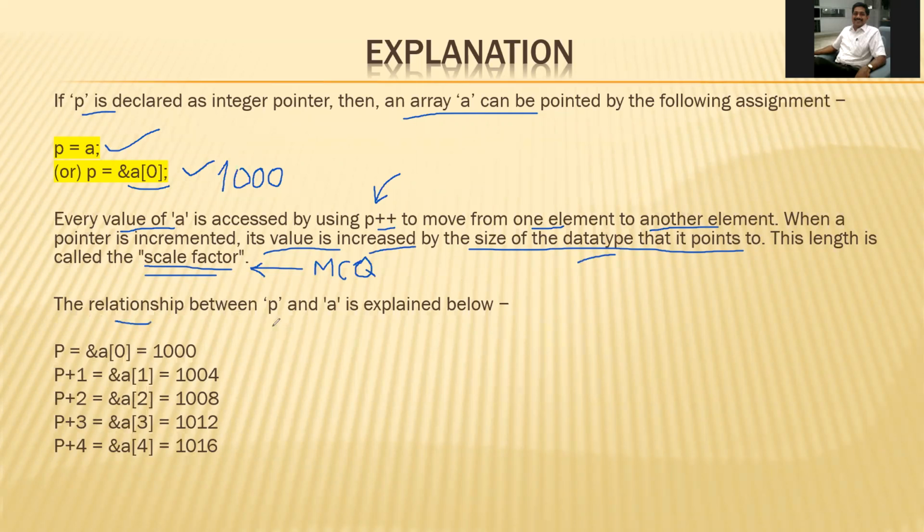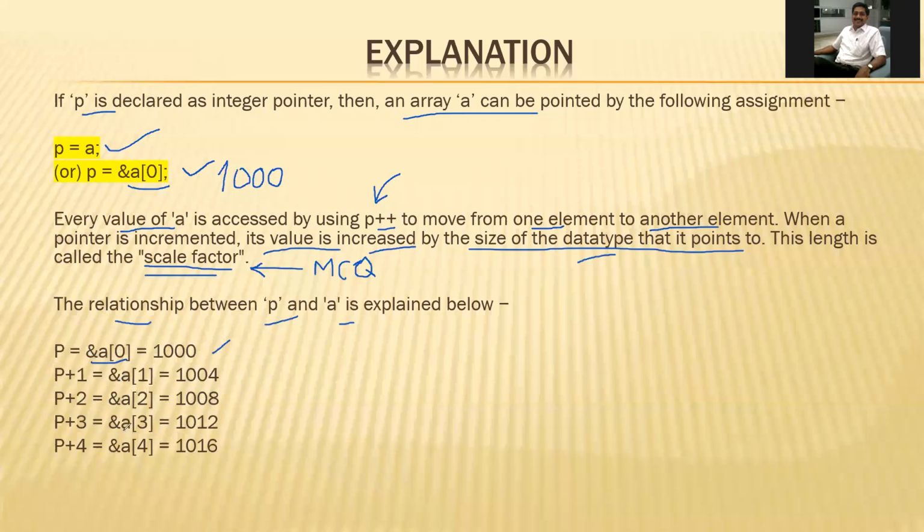So what is the relation? You can say P is equal to ampersand of A[0], P plus 1 is ampersand A[1], 1004. P plus 2 is ampersand of A[2], everything is stored as an address.